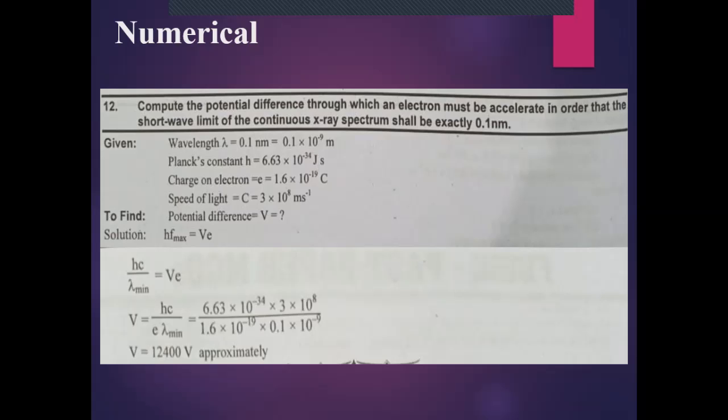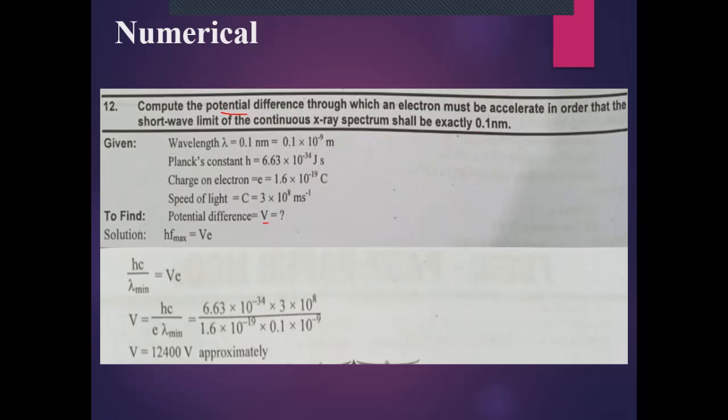And the last numerical which is included is again the same problem. Compute the potential difference V through which an electron must be accelerated in order to get the shortest wavelength limit of the continuous X-ray spectrum, that is 0.1 nanometer, or 0.1 into 10 raised to power minus 9 meter.